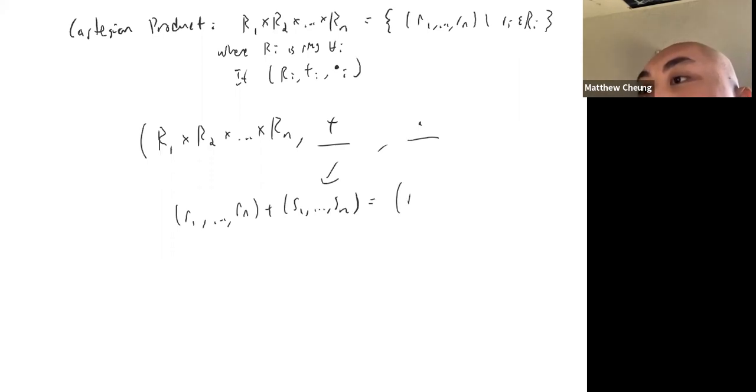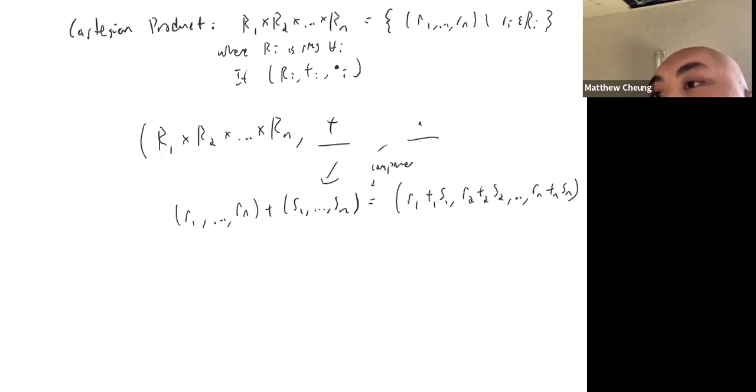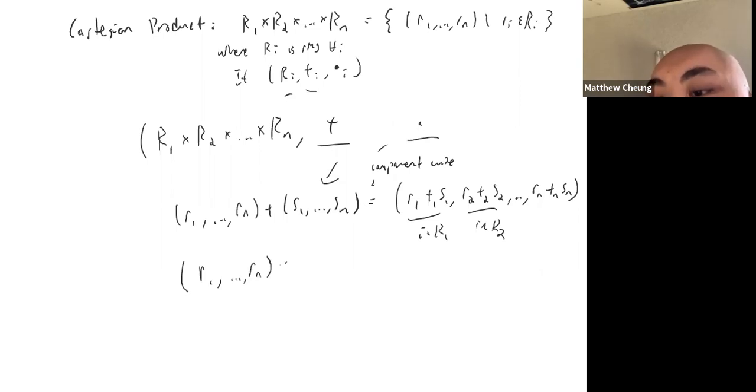So this is (r1 plus_1 s1, r2 plus_2 s2, ..., rn plus_n sn). So component-wise, and this makes sense because each ring has a plus. Here you're adding in R1, here you're adding in R2, and so on and so forth. And multiply is the same thing.